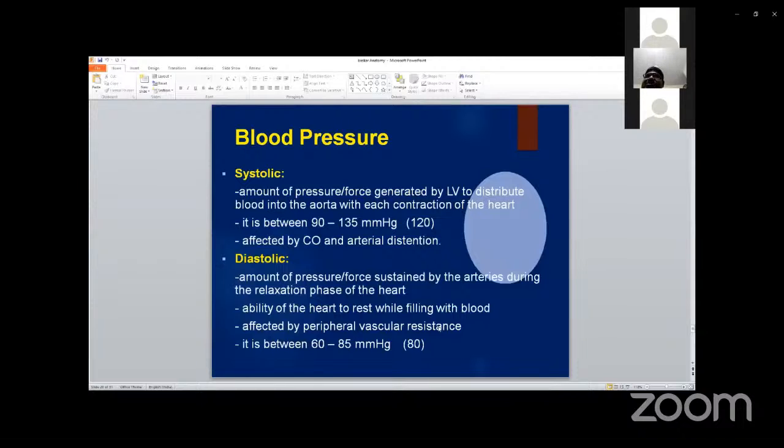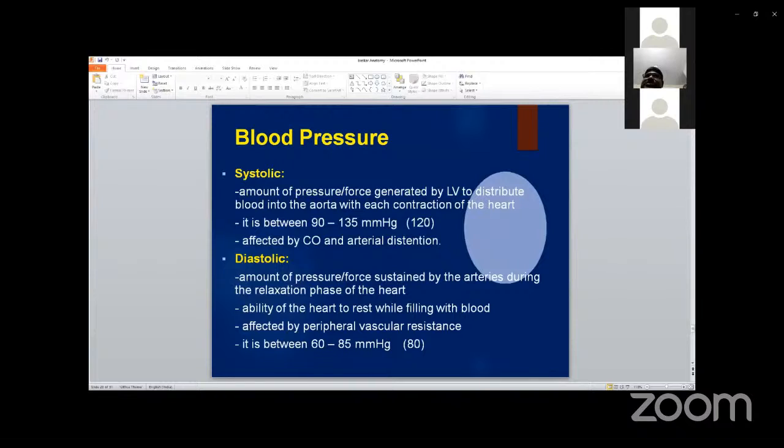So that force working against the blood vessel, that is the aorta. So that pressure is called systolic blood pressure. In humans, it may be 90 to 135 mmHg.